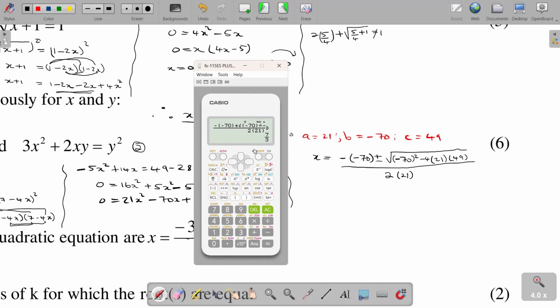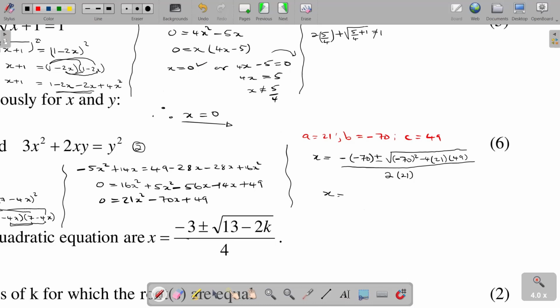Then the other one, we just have to put a negative. The other one is 1. So X is equal to 7 over 3 or X is equal to 1.